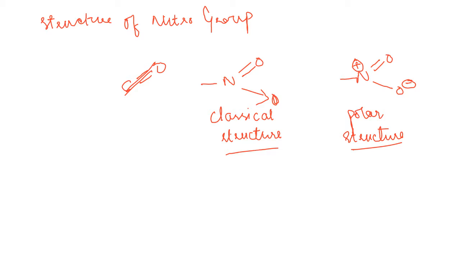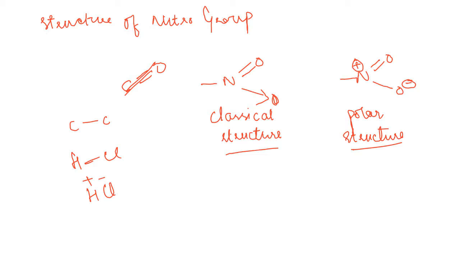Once I explained to you that a number of different types of bonds are there. One is the covalent bond, which we represent in this simple way. We also represent the ionic bond in this way, or we can represent it in this way also, because there is a polarity.